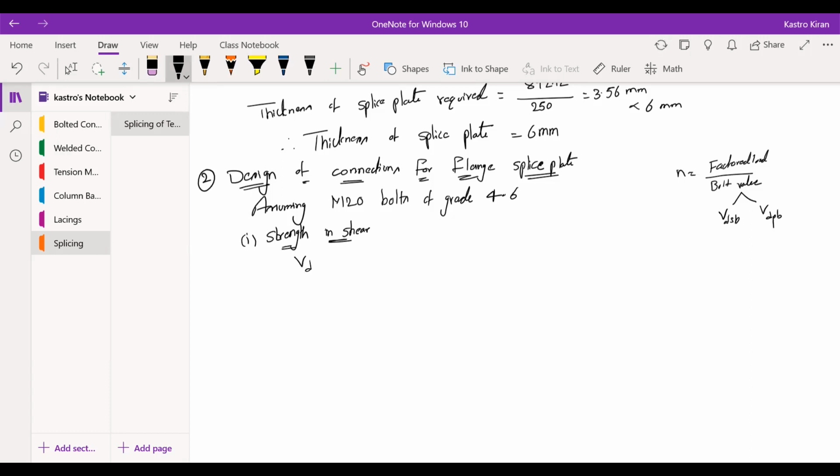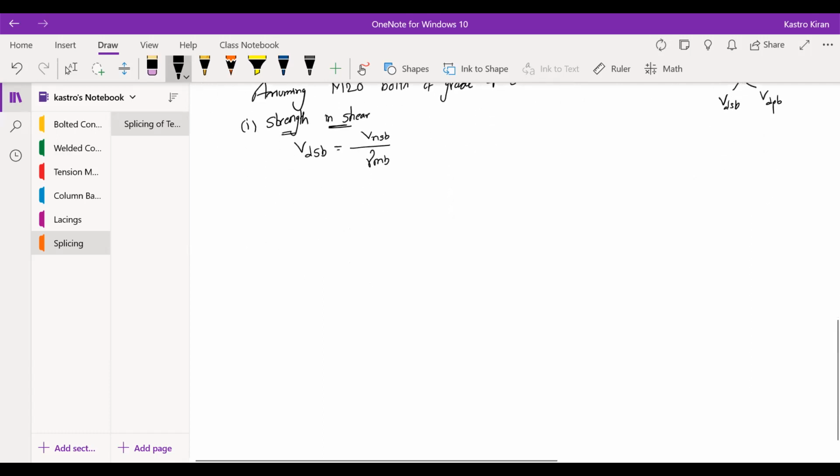So the strength in shear is denoted with VDSB equals VNSB by gamma MB, where VNSB equals FUB by root 3 into (NN ANB plus NS ASB) into 1 by gamma MB. Now here assume NN equals 1 and NS equals 0. Okay, so while designing the splicing in the compression members, assume NN equals 1 and NS equals 0.